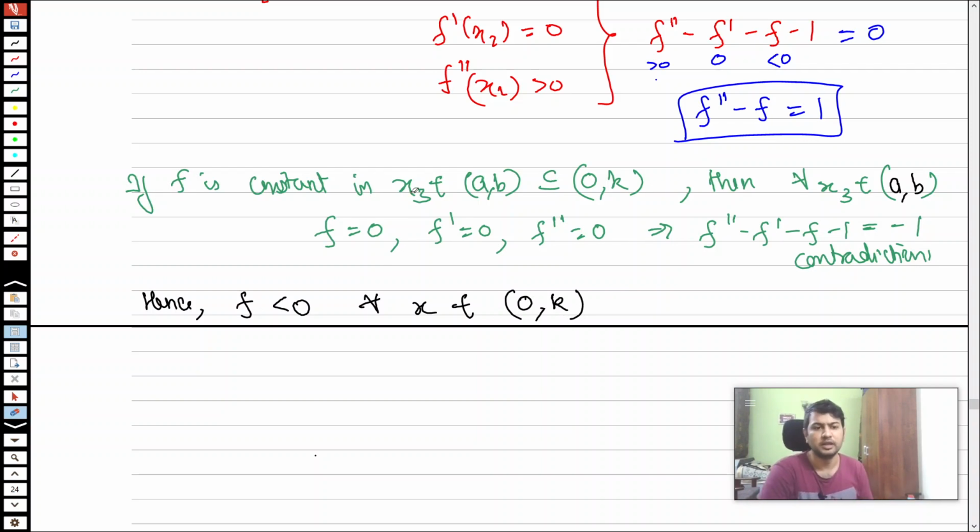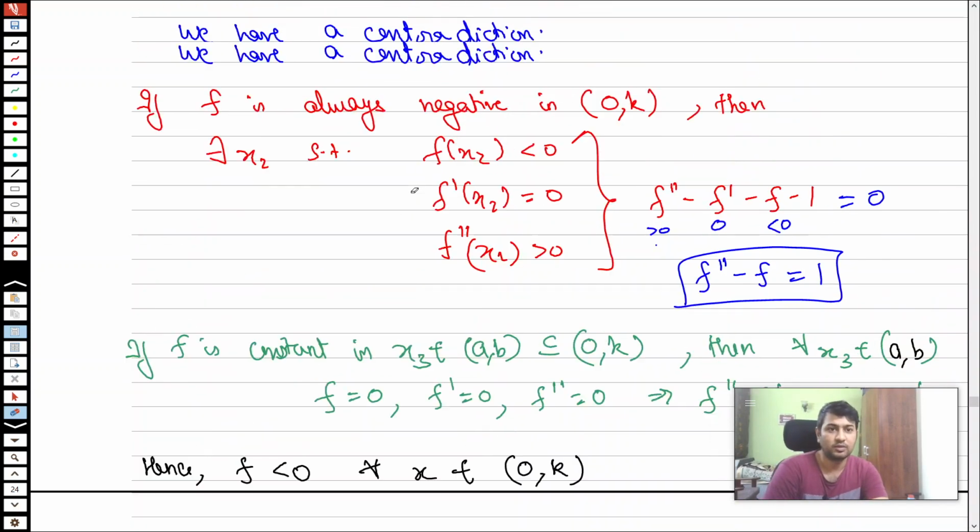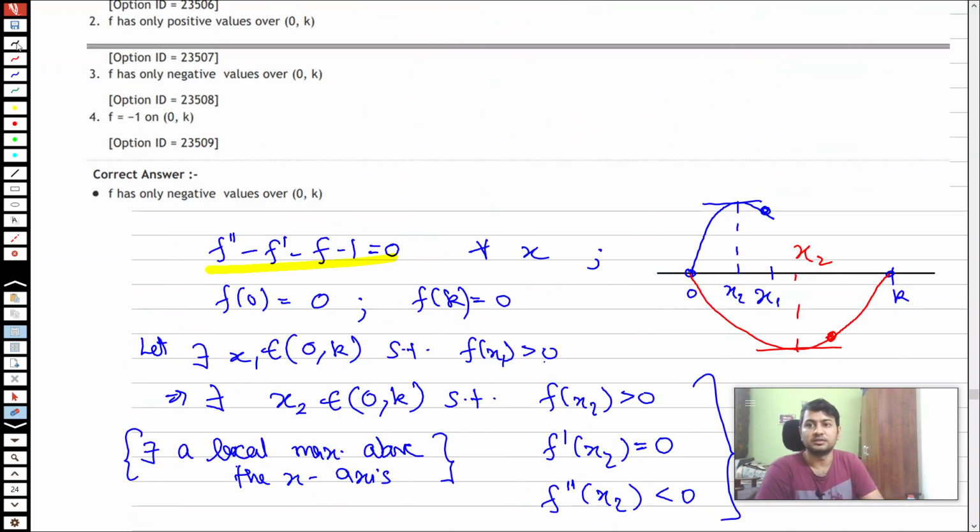So it cannot be even a constant 0 in any subsegment. So it cannot even look like this. All right, this is also not possible.